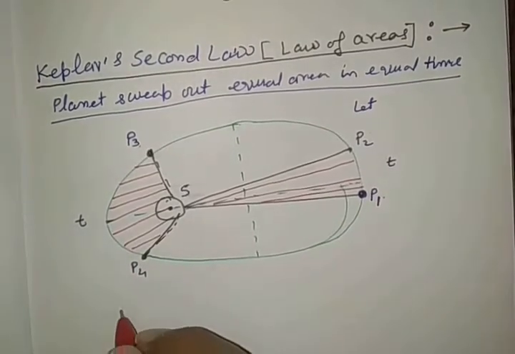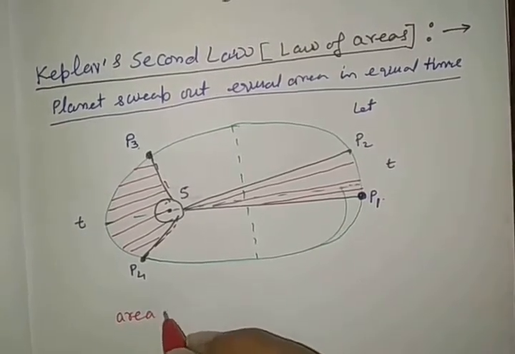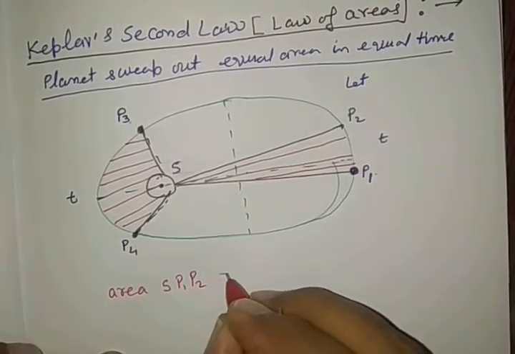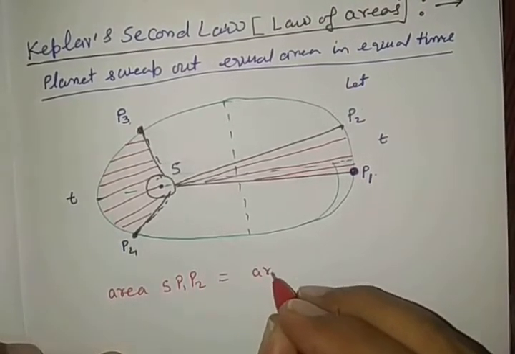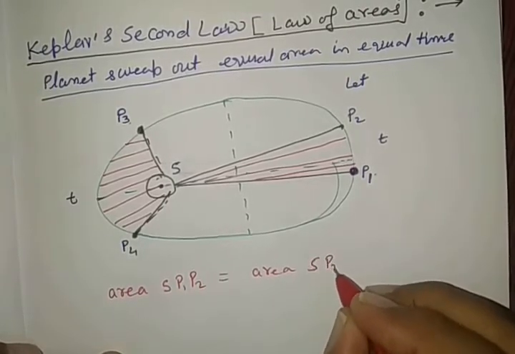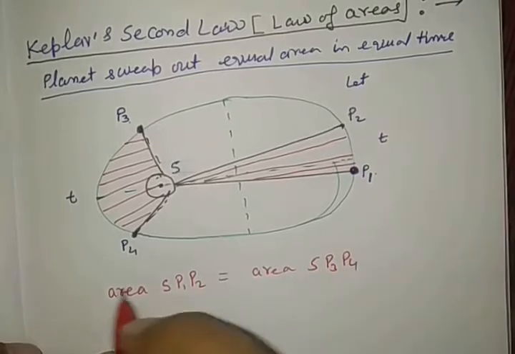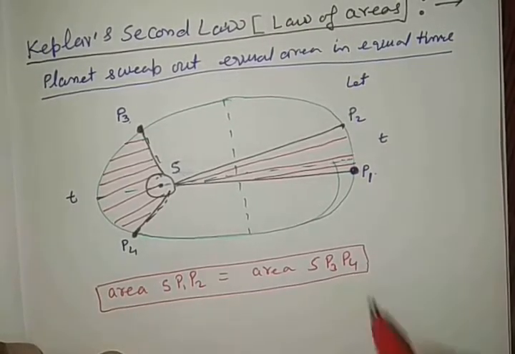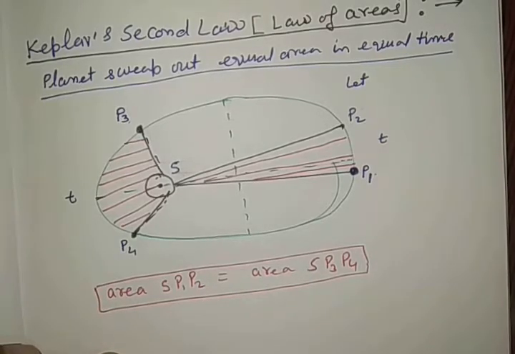It means the area swept from P1 P2 is equal to the area swept from P3 P4. See carefully. Planets sweep out equal areas in equal times.